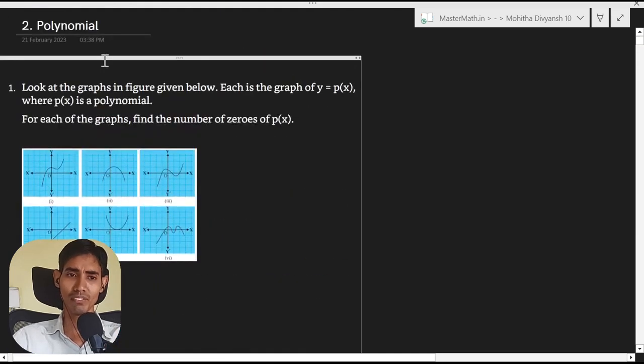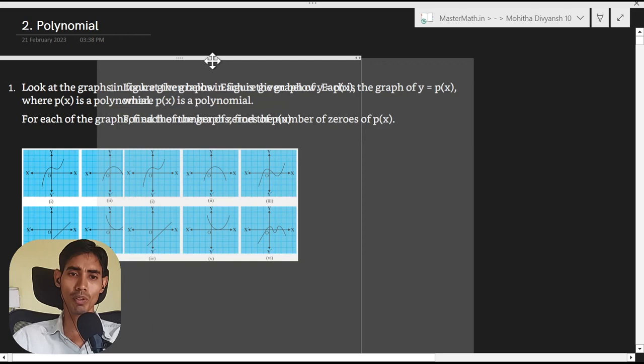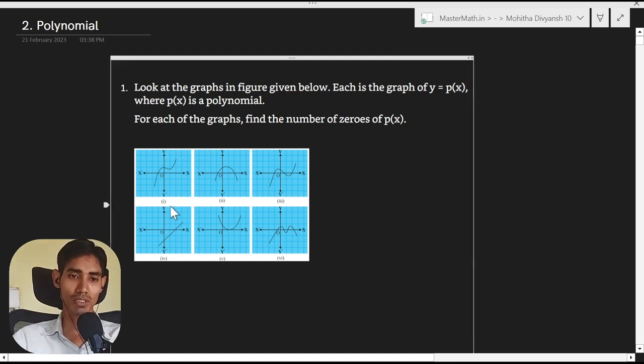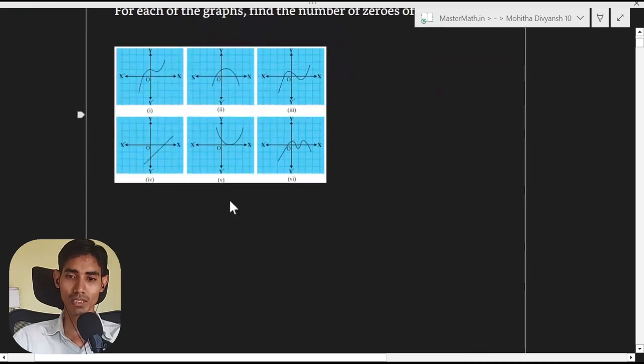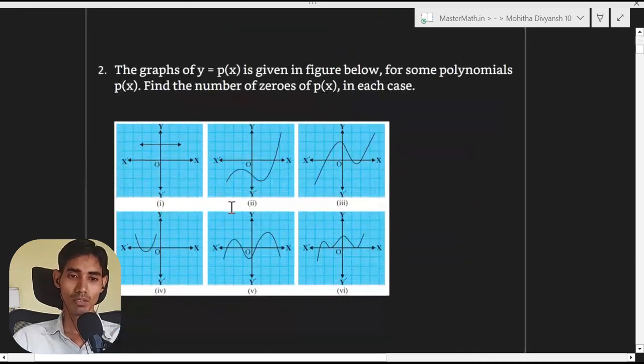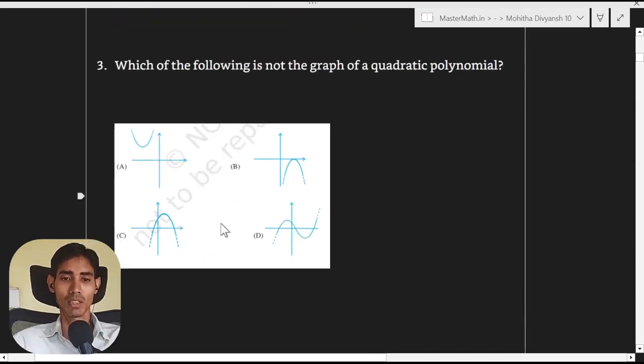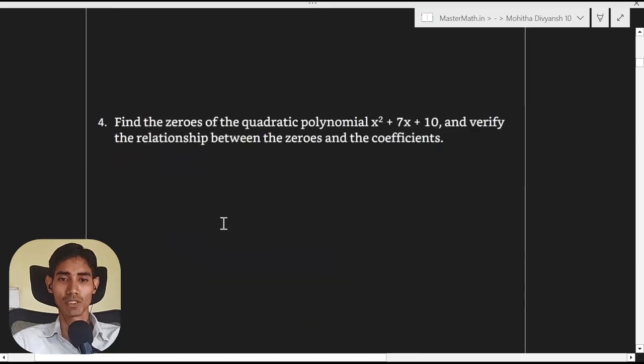Values can be infinite, but the zeros of a polynomial are limited depending on the degree. And then we discussed the geometrical representation of zeros, which is basically wherever the y value is 0, p(x) is equal to 0, that is going to give us the zero value of that polynomial, which means wherever it is going to intersect the x-axis. So that's what it really means. Now these questions you can try.